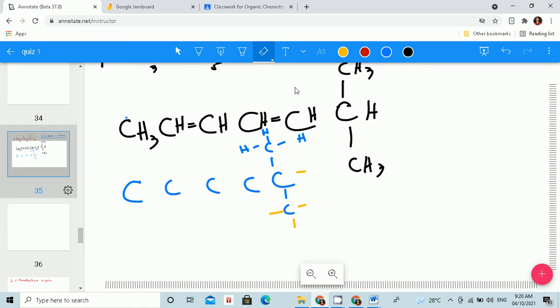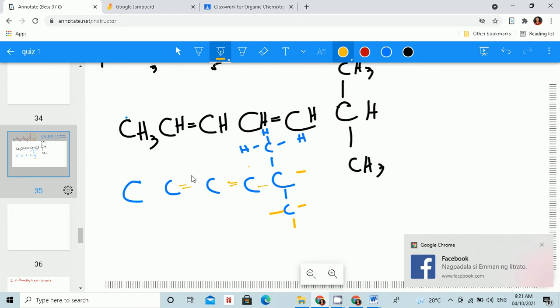Daghan na kayo bonds. That's CH only. And then we have double bond here. Okay, double bond here also. Okay, then we have sobra ko lang og saka H. Okay. So we have this one.